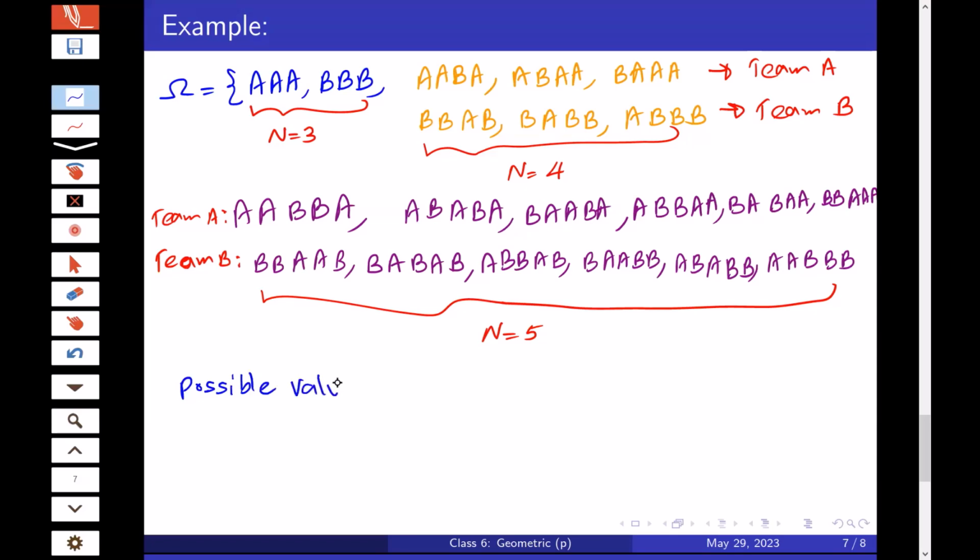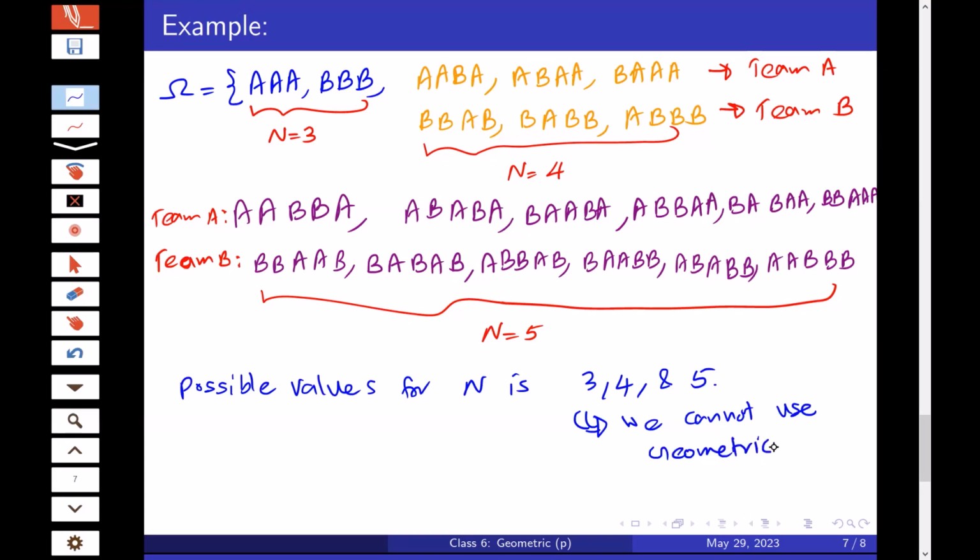Possible values for n are 3, 4, and 5. This is not a countably infinite set, so that's why we cannot use geometric distribution.